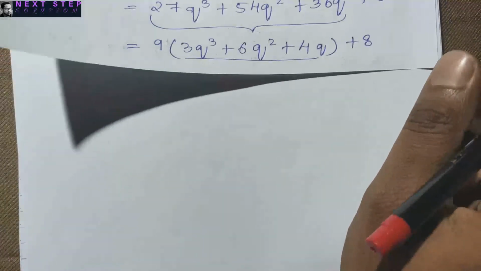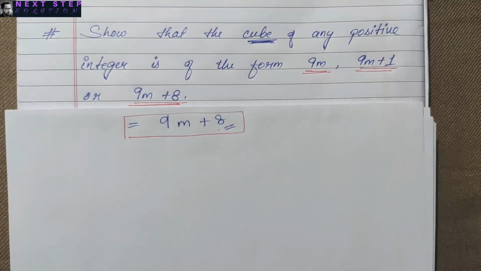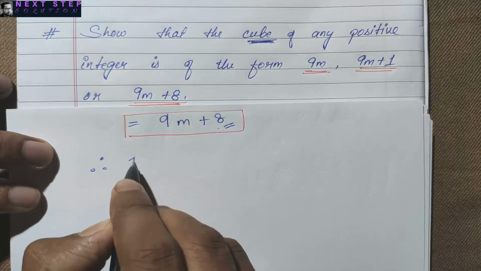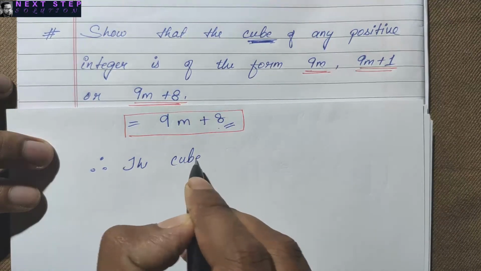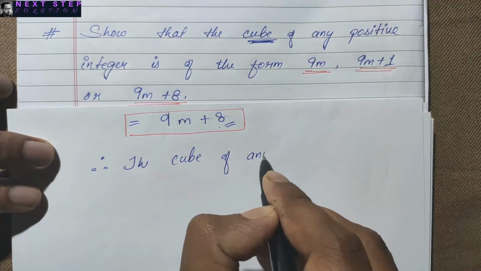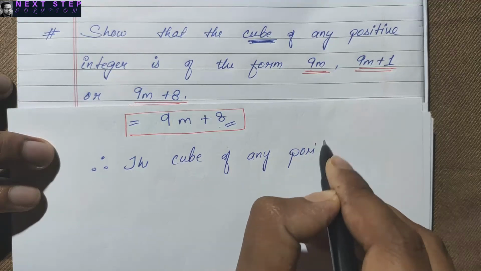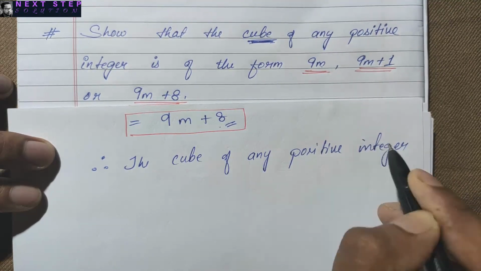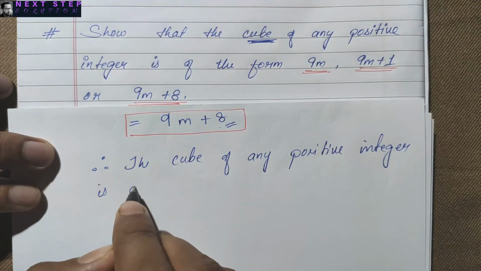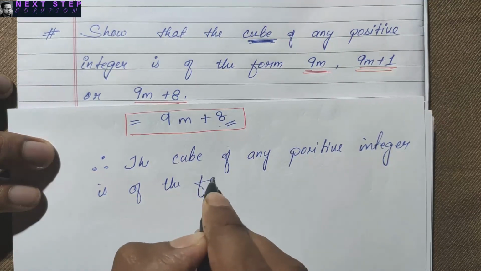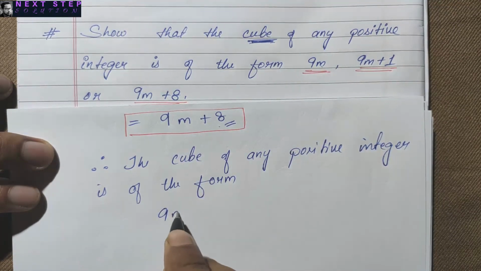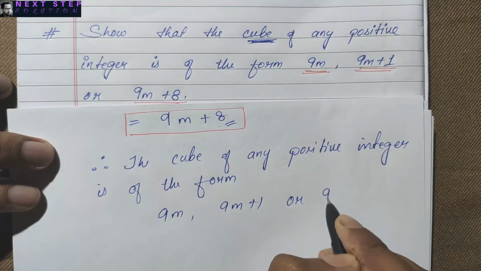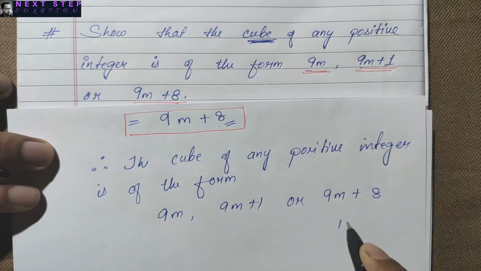Thus we can conclude that therefore the cube of any positive integer is of the form 9m, 9m plus 1 or 9m plus 8. Hence proved.